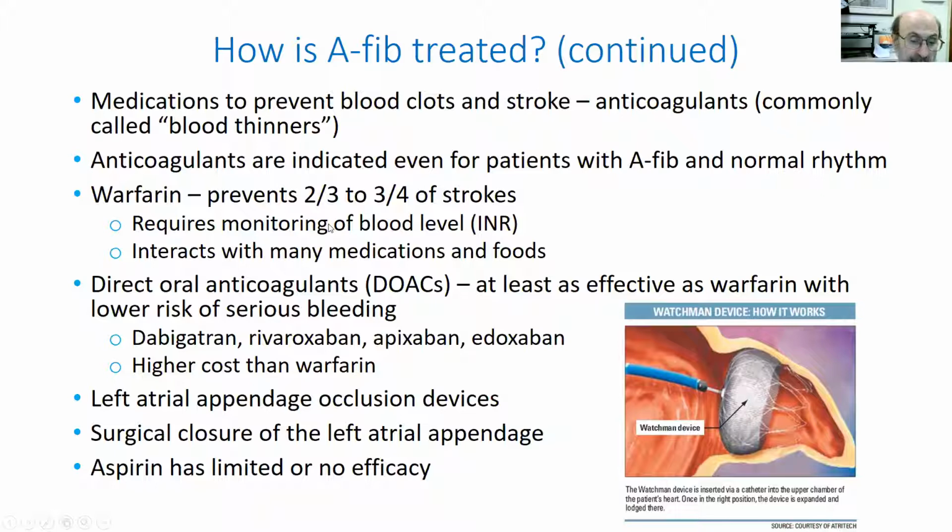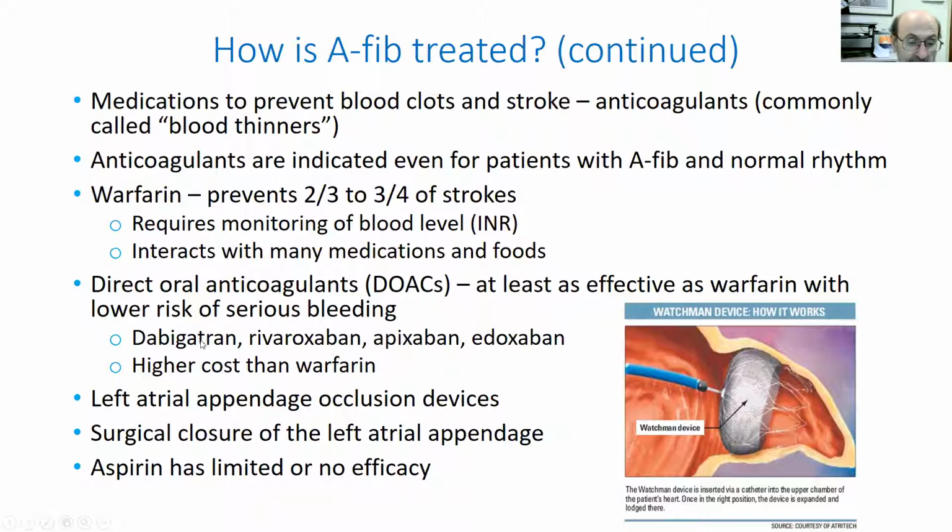More recently, in the past 10 years, we have available to us several new oral anti-clot medications, which are often referred to as DOACs. These are at least as effective as warfarin with a lower risk of serious bleeding. All of these medicines, because they prevent clots from forming, can lead to bleeding, which in some cases can be very serious or even life-threatening, but the risk of serious bleeding is lower with all of these new medications.